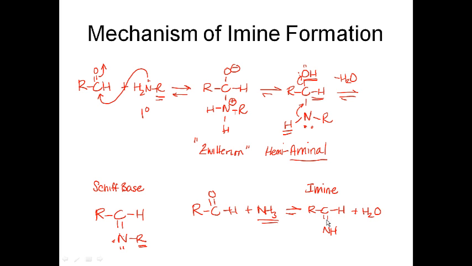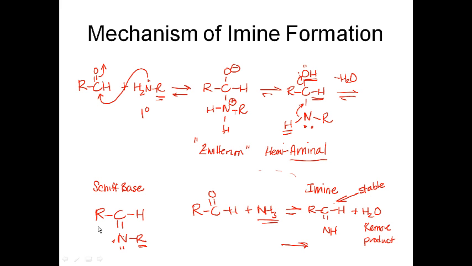But to get back here, in order to push this equilibrium to the right, we either have to use an excess of the amine, but most likely what we do is we remove the product as it's formed by some method, and then Le Chatelier's principle will push that equilibrium to the right. There are other factors, which I'll show you in a moment, that can push the equilibrium to the right as well, particularly if I can make this imine or Schiff base very stable.